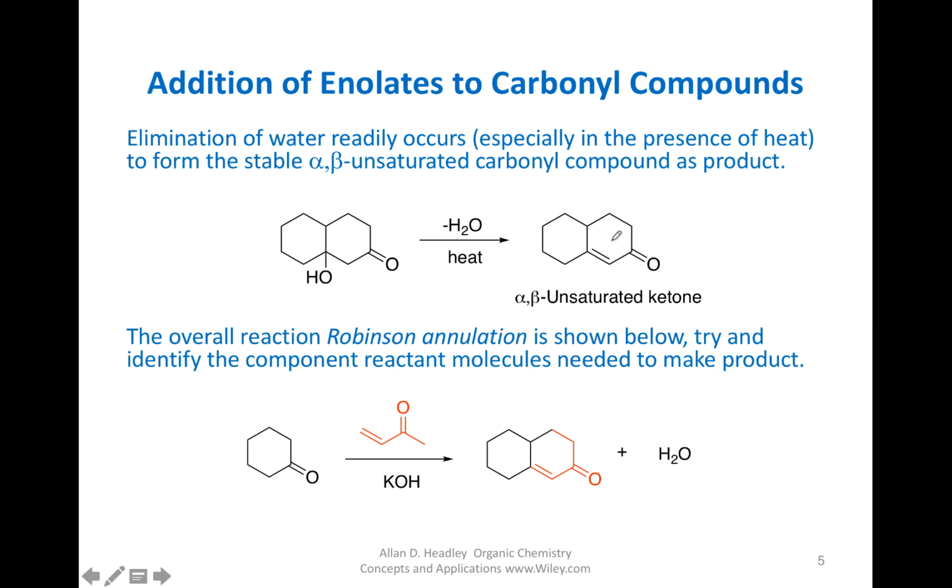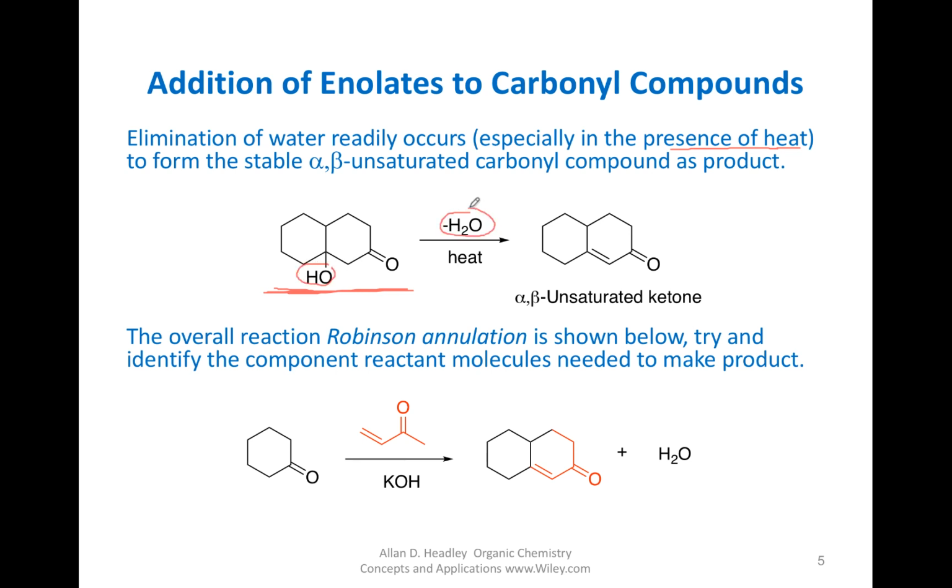Let's look at the application of this. Before we actually do that, however, this is the aldol adduct, as we just indicated. In the presence of heat, and not an elevated temperature that's too high, it readily occurs.